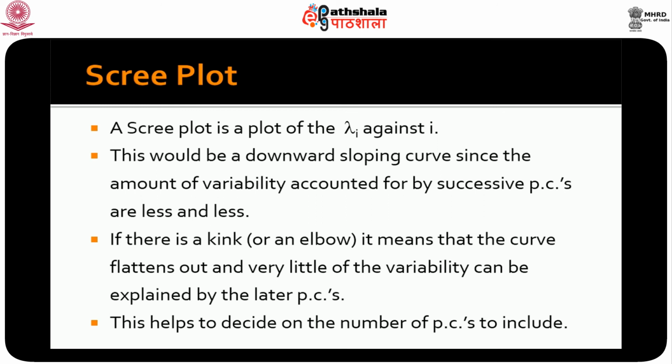And even if you have not got a very high percentage of variability from the previous ones, you would need to bring in a lot more eigenvalues, or principal components in this case, to explain the variability, which would not be rational, because we are doing principal components so as to minimize the number of variables that we are looking at. So, the Scree plot gives us a very good idea of how many principal components we should retain in our further studies.